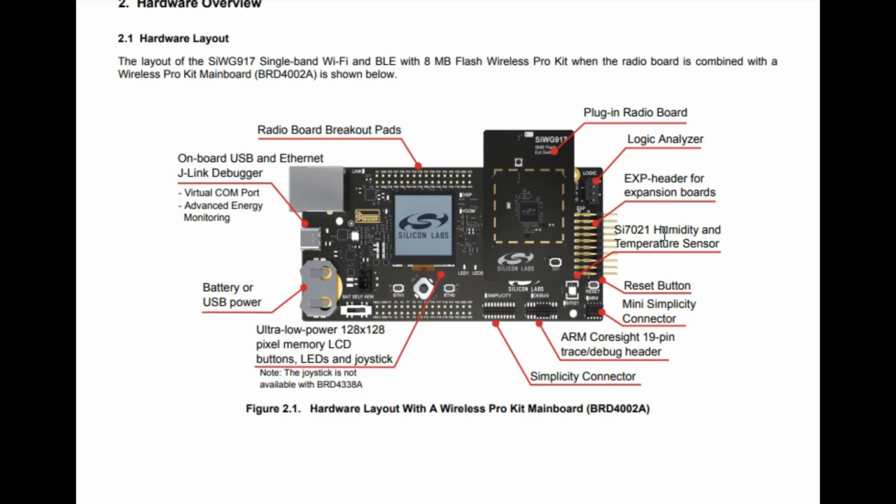where you can see all the different interfaces related to this board listed here. The first thing, as we talked about, is the main board. The bottom one is the main board, which is 4002, and on the top you have the 917 board, which is plugged in to this main board.